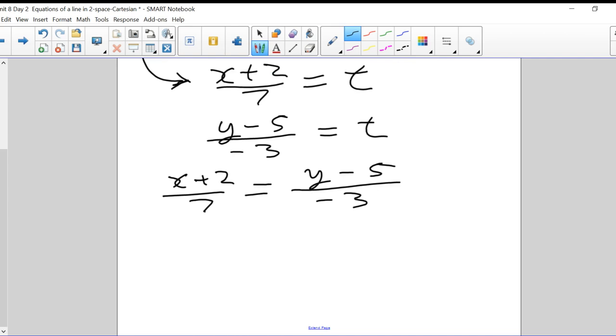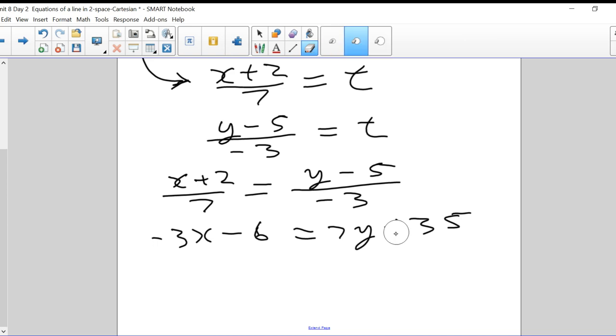And what we're going to do is just cross multiply. So that would be minus 3x minus 6 is equal to 7y plus 35. Okay, I think that everybody should be okay with that. Or is it plus 35 or minus 35? Sorry, before somebody points that out, let me fix it.